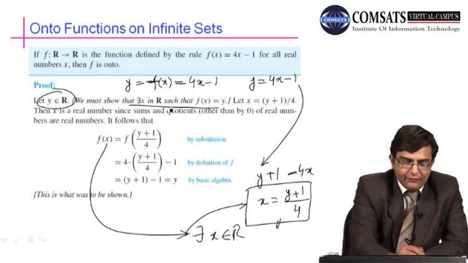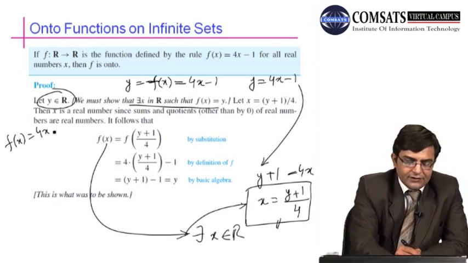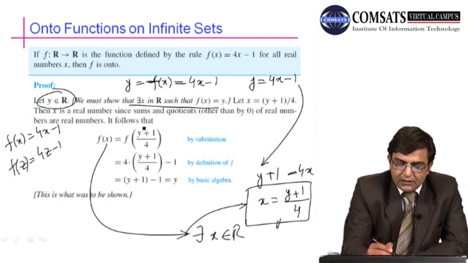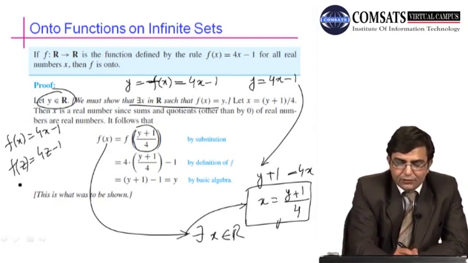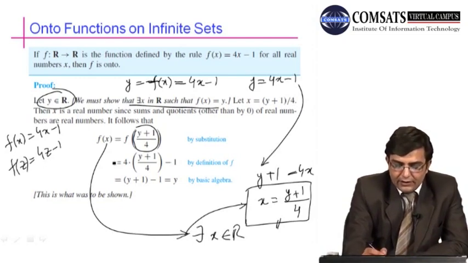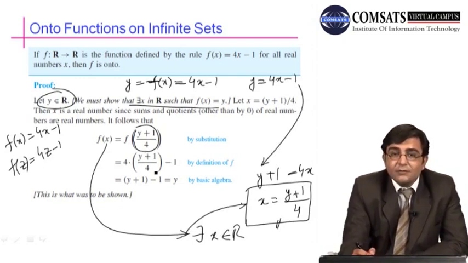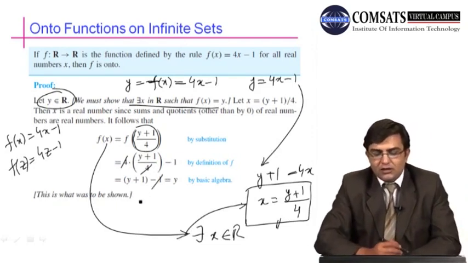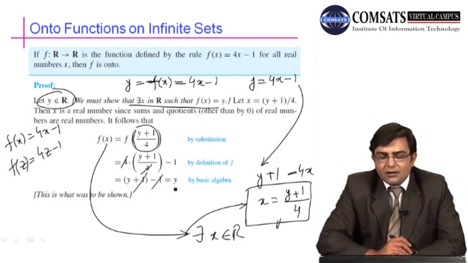If f of x is equal to 4x minus 1, then f of z is equal to 4z minus 1. Now we simplify, 4 is cancelled out with this, and we get y plus 1 minus 1. 1 is cancelled out with 1, and we get y.